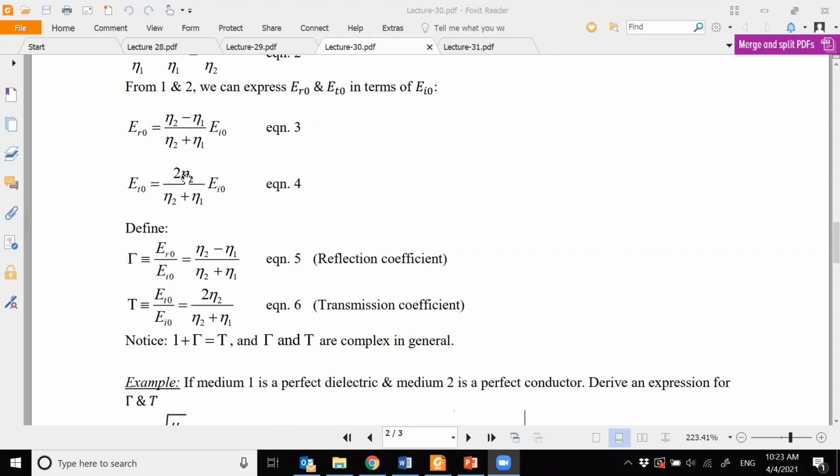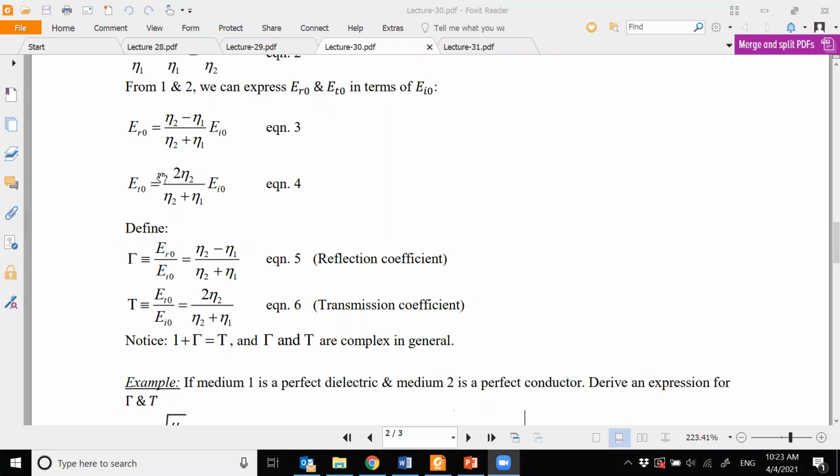And what are these terms called? The term for the reflected electric field and the incident electric field relationship is called the reflection coefficient, uppercase gamma, which is nothing but the ratio of the reflected field amplitude over the incident field amplitude, which is (eta2 minus eta1) over (eta2 plus eta1).